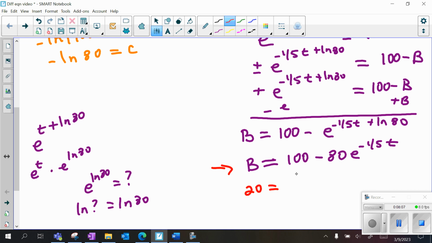Well, when would that happen? If I have 100 minus 80e, if T is 0, I get 100 minus e to the 0, which is 1. So 20 equals 20, check.